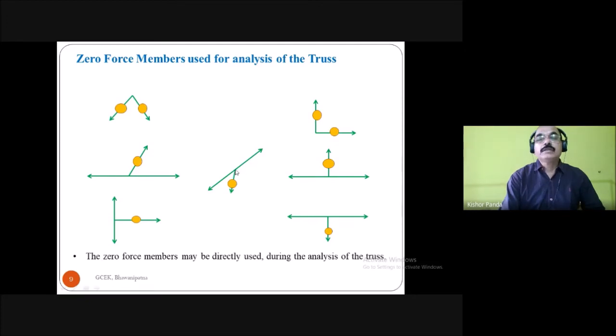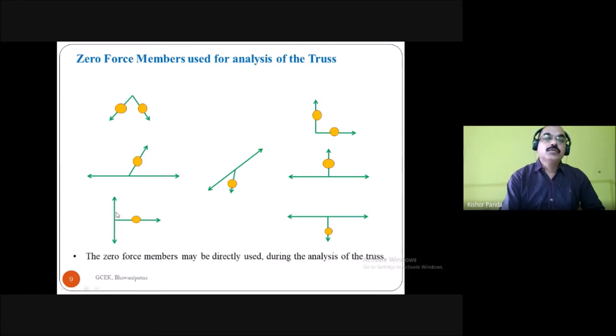Here also you see this is a joint, three members meet, and these two members are in the same straight line. This is the third member, so the force in this member is also 0. Here also the two members are in the same straight line, this is the third member, and the force in this member is 0.